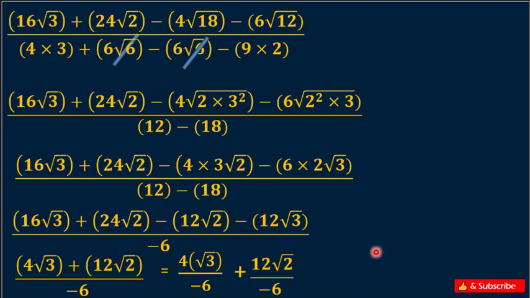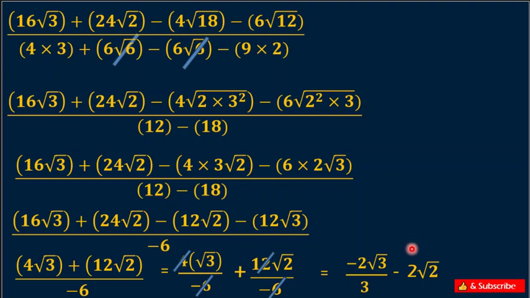Okay, now 4 root 3 over negative 6, you can see some terms can cancel out. 2 goes into 4 and 6, and then 6 goes into 12 as well. When we simplify it, instead of 4 root 3, we now have 2 root 3 over 3. But this time it's negative because the denominator is negative. So we have negative 2 root 3 over 3. Then this one too will be negative 2 root 2.